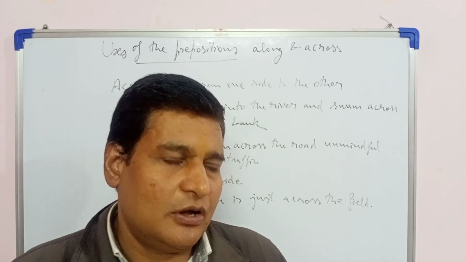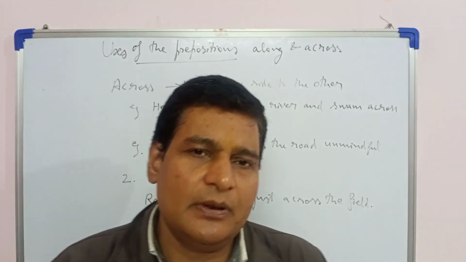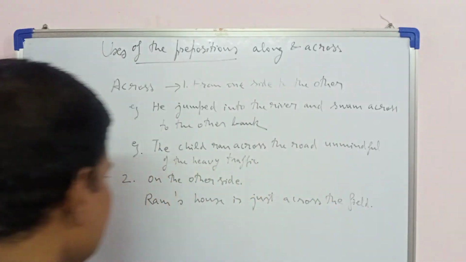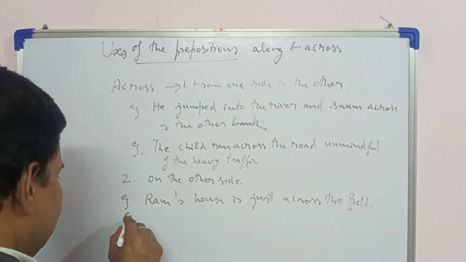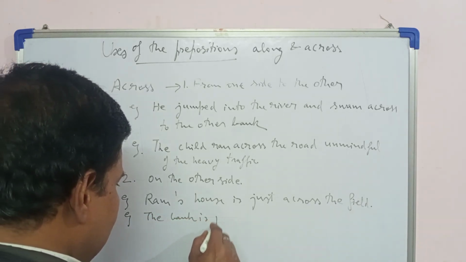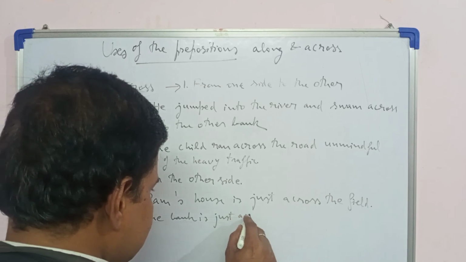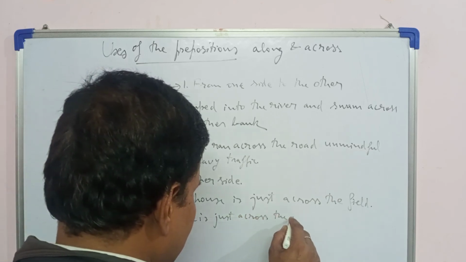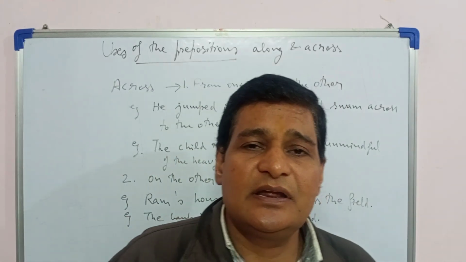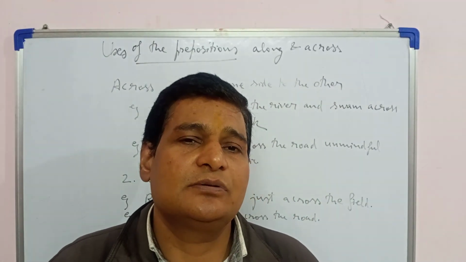See another example: the bank is just across the road. Just across the road. So here you will see that it gives the idea of location also.